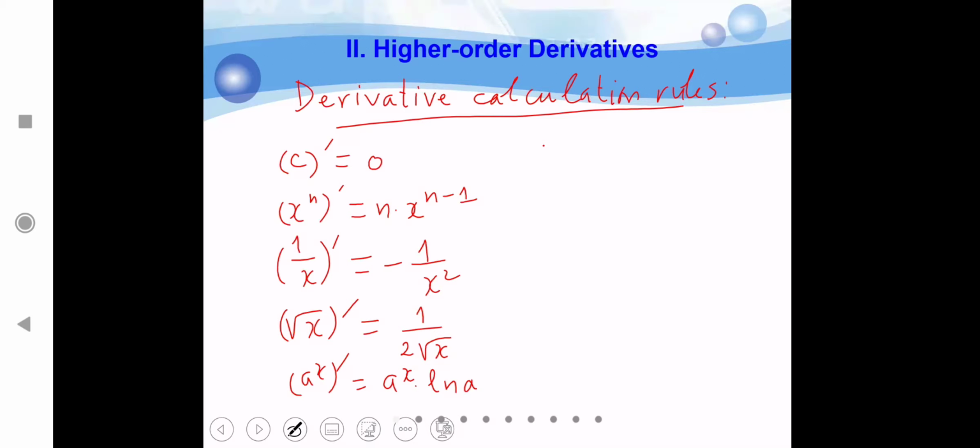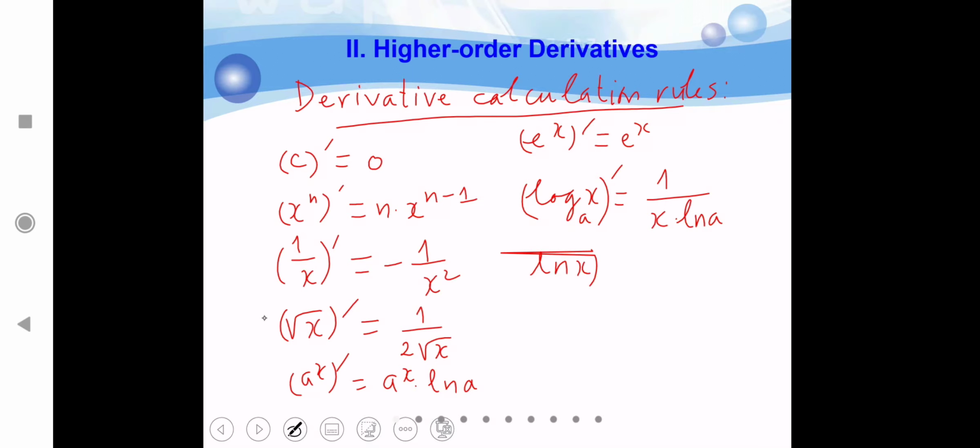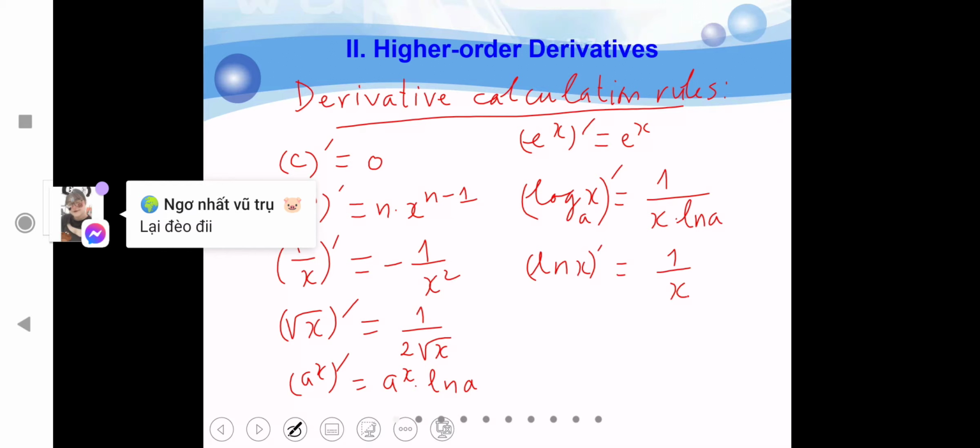Okay, and the special case e to the power h derivative equals e to the power h. Log base a of h derivative equals 1 over h times natural log of a. A special case, natural log of h derivative equals 1 over h. Okay, so you write this formula.